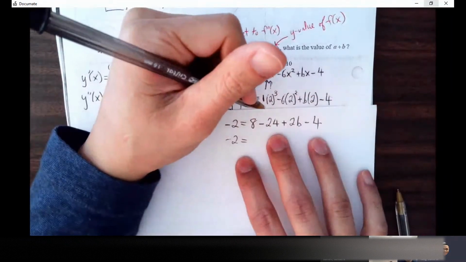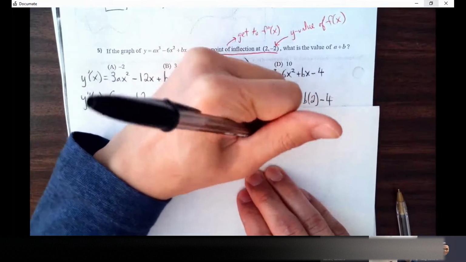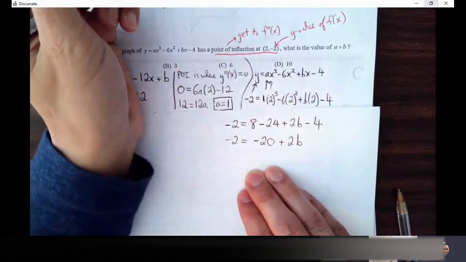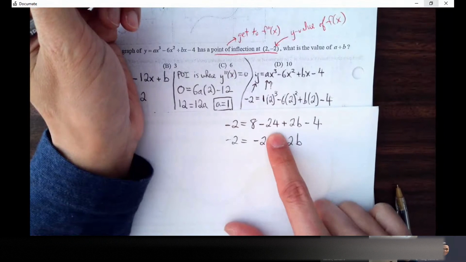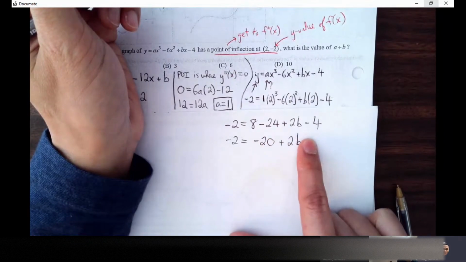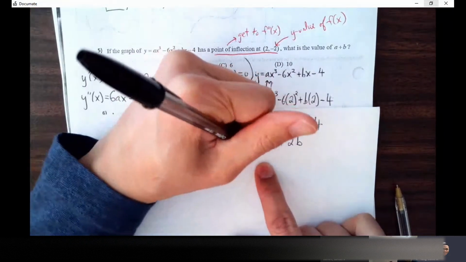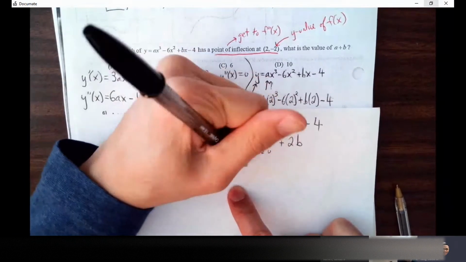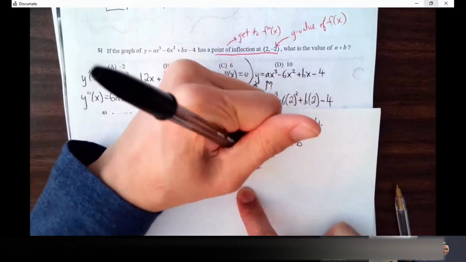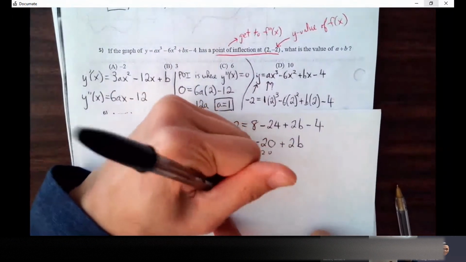Eight minus 28 is -20. Oh wait, that should be 24. 18 equals 2b, so b is equal to 9.